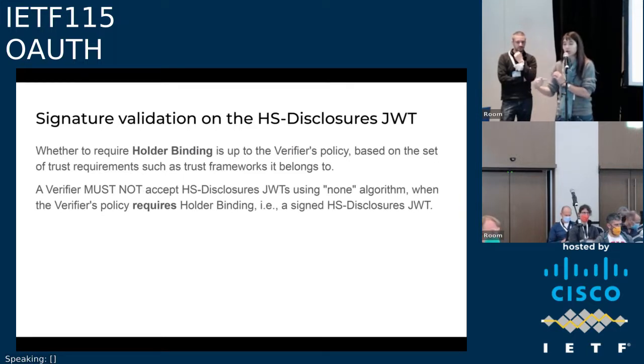If that feature is required and this HS disclosures JWT is not signed, the verifier must reject. If for whatever reason, trust framework policy, the verifier is okay with not having a holder binding, and there are legitimate use cases that are okay with that, you could accept JWTs using the none algorithm. That is the clarification we added.